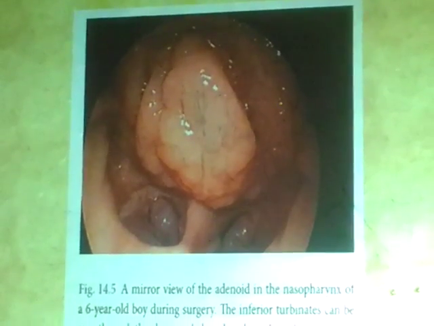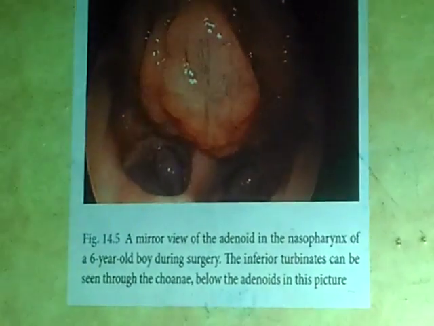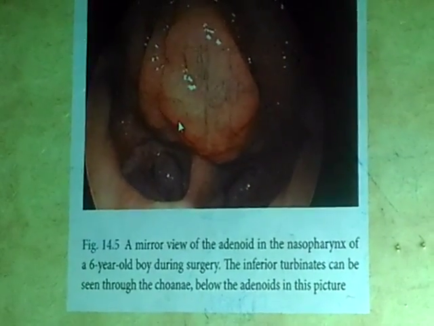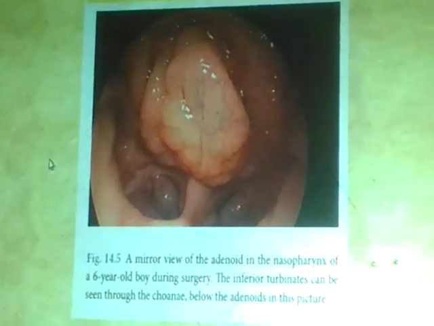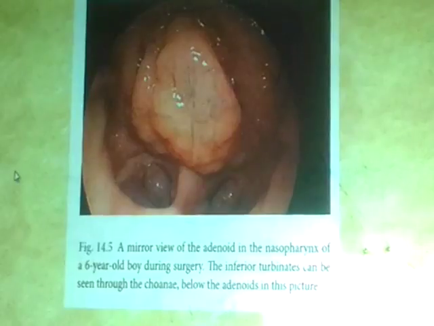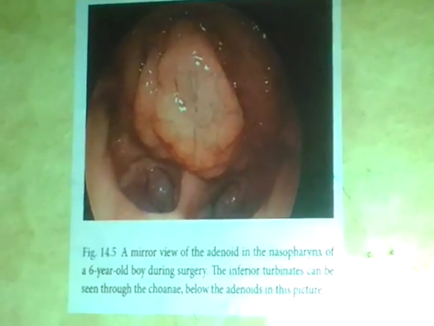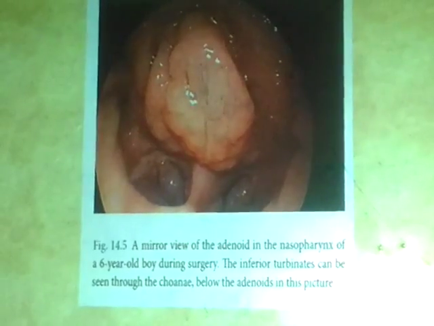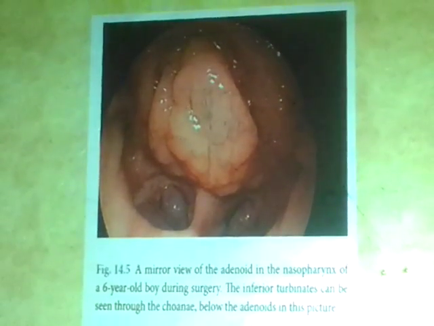Number two, if this child has secretory otitis media, even though the adenoid is not large and it's not actually mechanically obstructing the eustachian tube, however, it's well known that a bacterial biofilm covering the adenoid can be one of the causes of recurrent infection in the eustachian tube or blockage of the eustachian tube and secretory otitis media. So you can do surgery for a non-blocking adenoid.